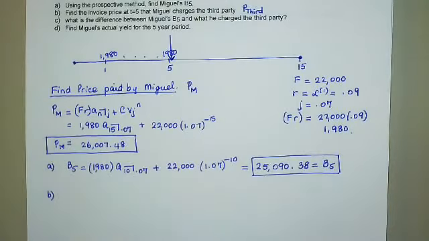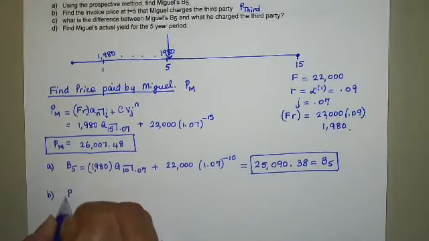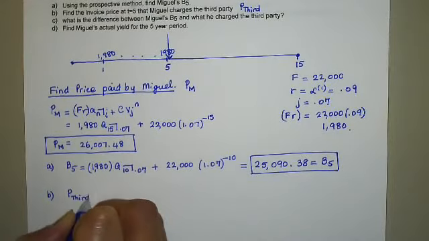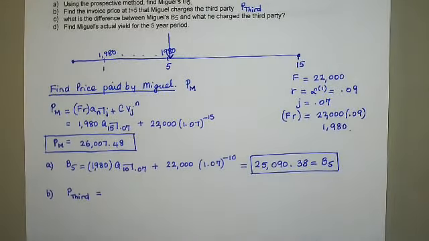It says in our problem that the price is designed to provide a third party a yield to maturity of 8%. So the new guy that buys this bond is going to be making 8%, not 7%. So clearly he's not going to pay the price B5 to Miguel. Agreed or no? Okay, so let's do part B.